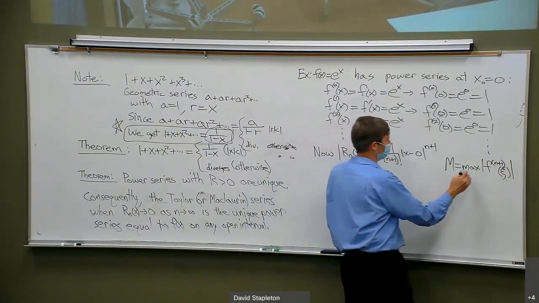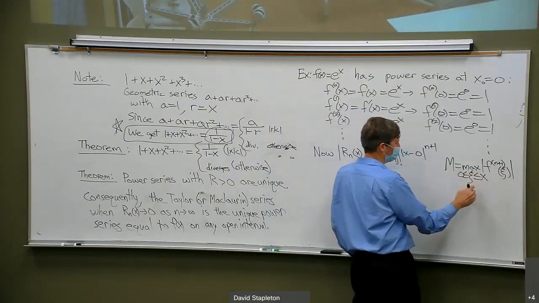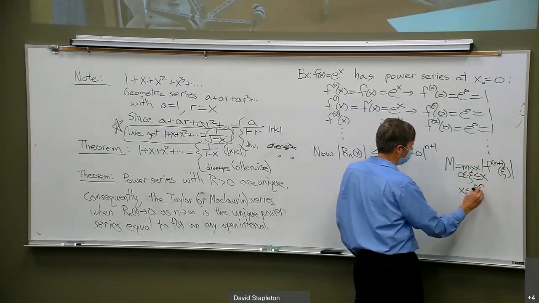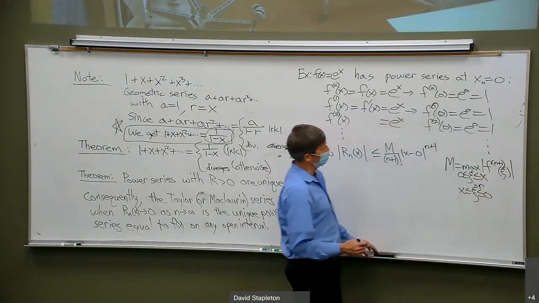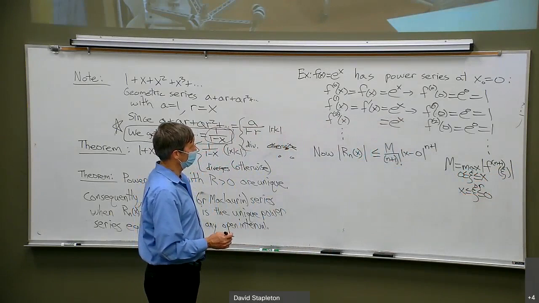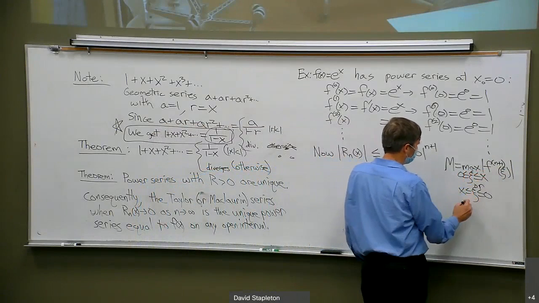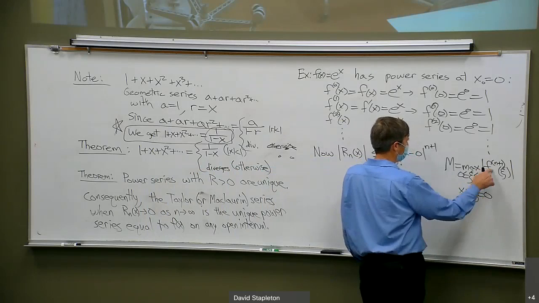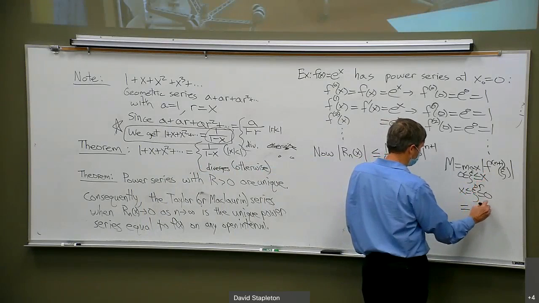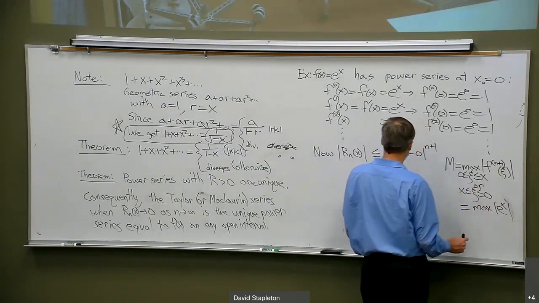And c has to be somewhere between 0 and x, if x is positive, or it's between x and 0 if x is negative. It doesn't matter. What's the bound on the n plus first derivative? It's always e to the x, so this is the maximum value of e to the x over the interval.